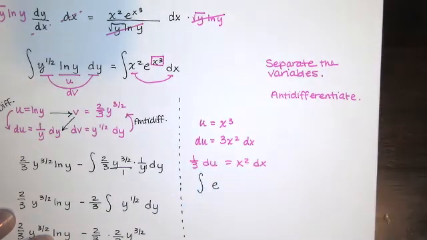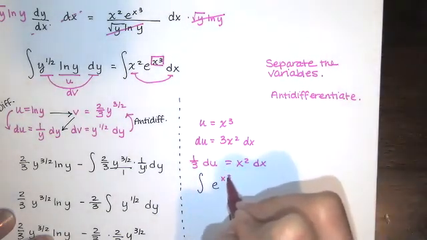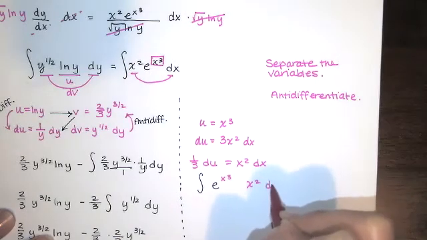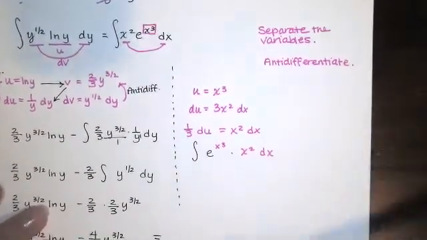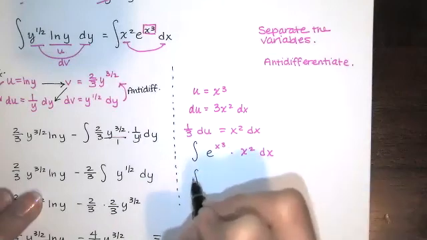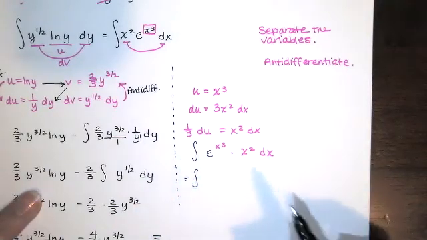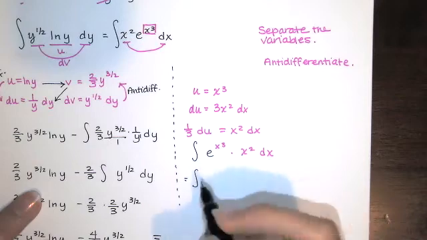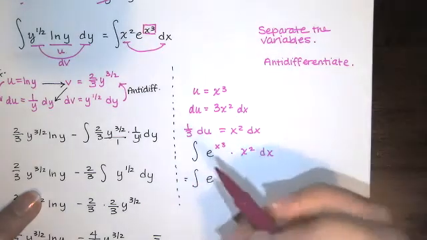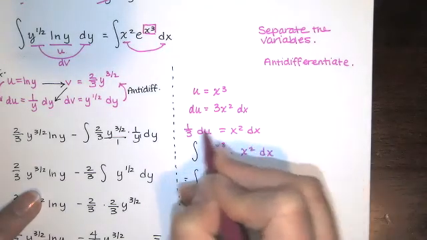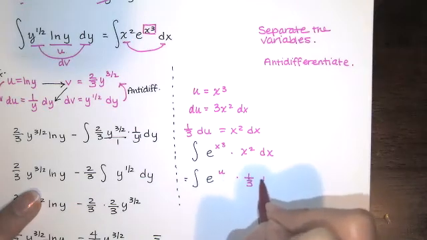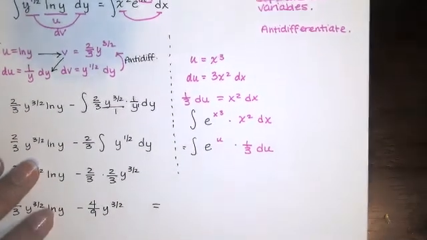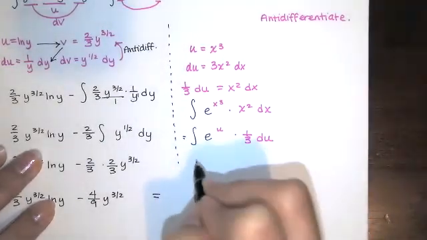This is e to the x cubed times x squared dx. In terms of u, well, this is e to the u, and x squared dx is 1/3 du. And of course, you could factor out that 1/3.